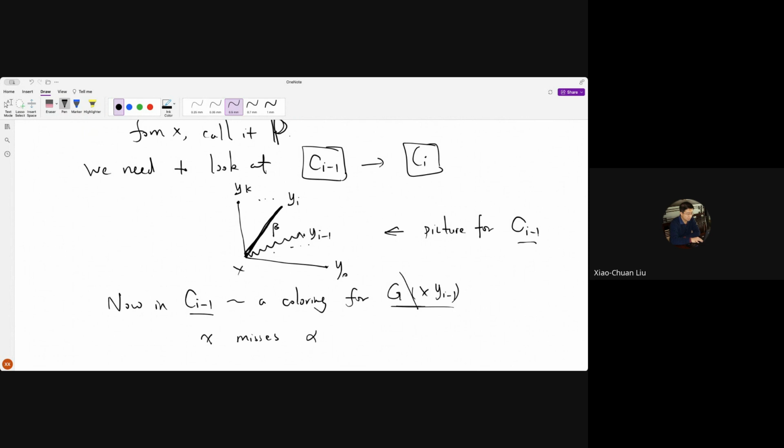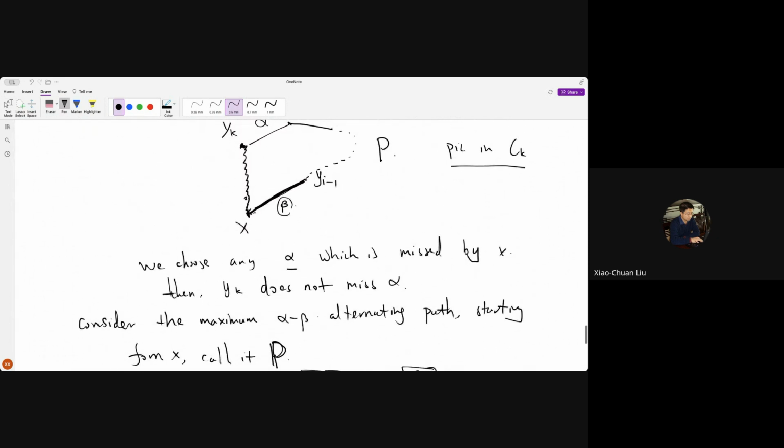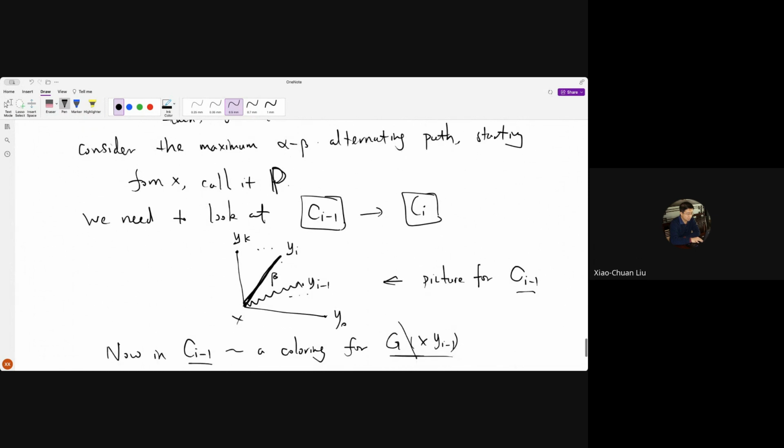You only change the position. So if x misses alpha, it misses alpha for all the colorings, all the graphs. And in this case, y_{i-1} misses beta, because you move beta away. So here y_{i-1} has a color beta, but here for sure y_{i-1} misses beta.